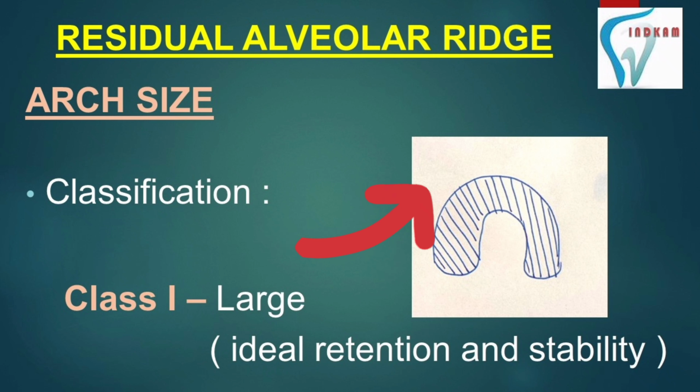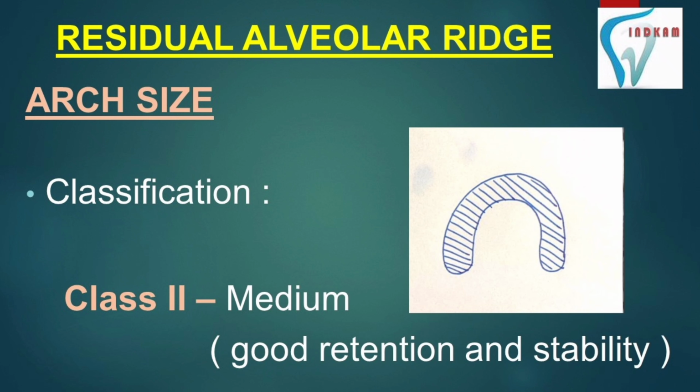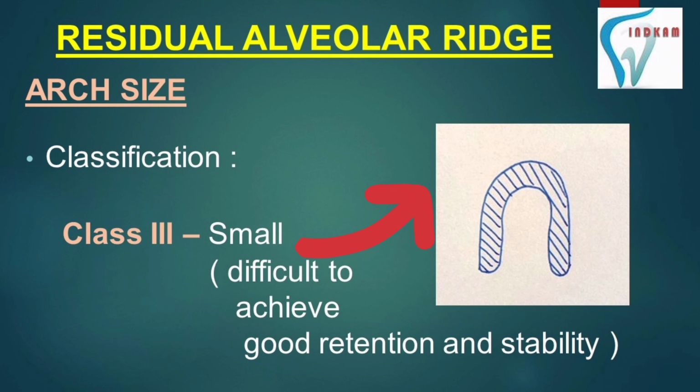It is ideal for retention and stability. Class 2 is medium. It provides good retention and stability, but not as much as the large arch. Class 3 is small. In small arches, it is very difficult to achieve good retention and stability.